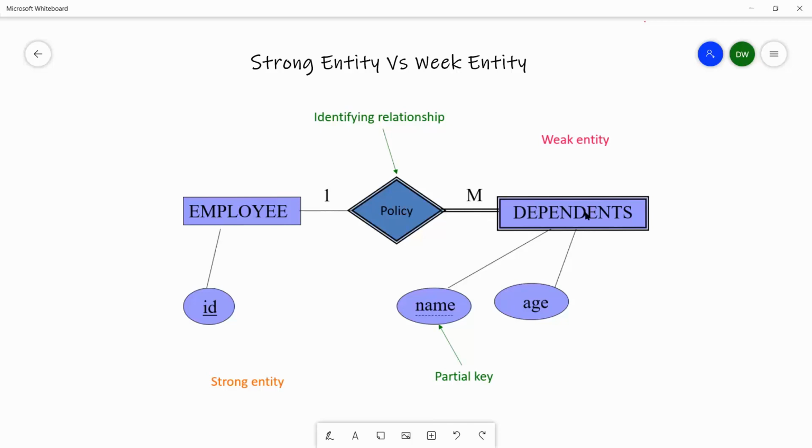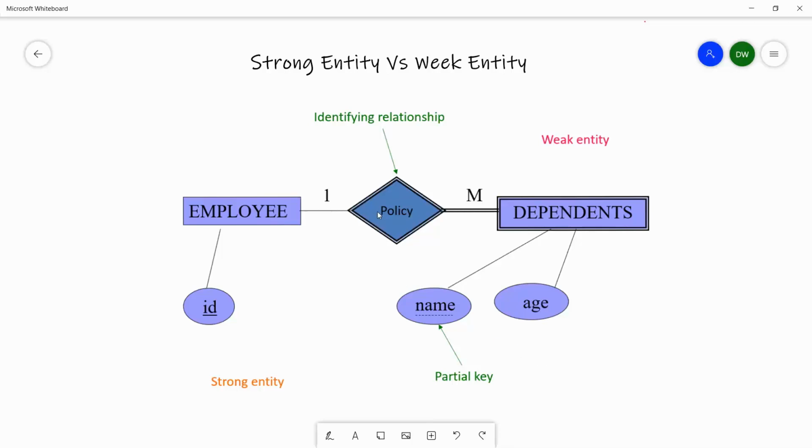So when we have this kind of an entity, we cannot have a primary key belonging to it. Rather, we can have a key which is taken as a partial key of this previous one. Right?